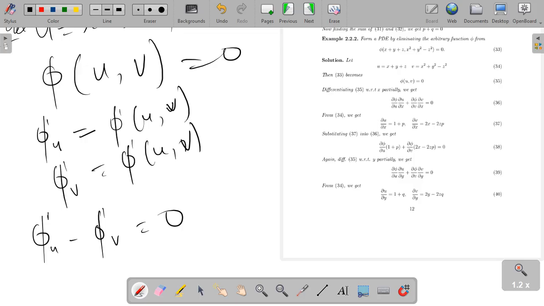So what does that mean? I think this one is a bit difficult. We get this by differentiating with respect to x.